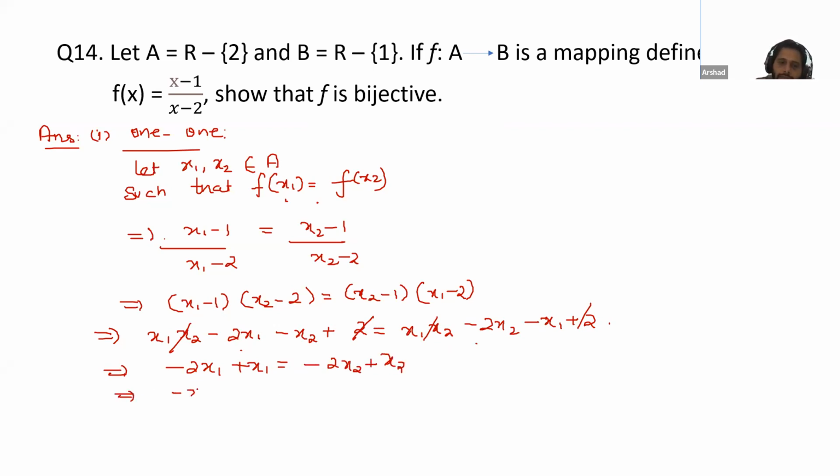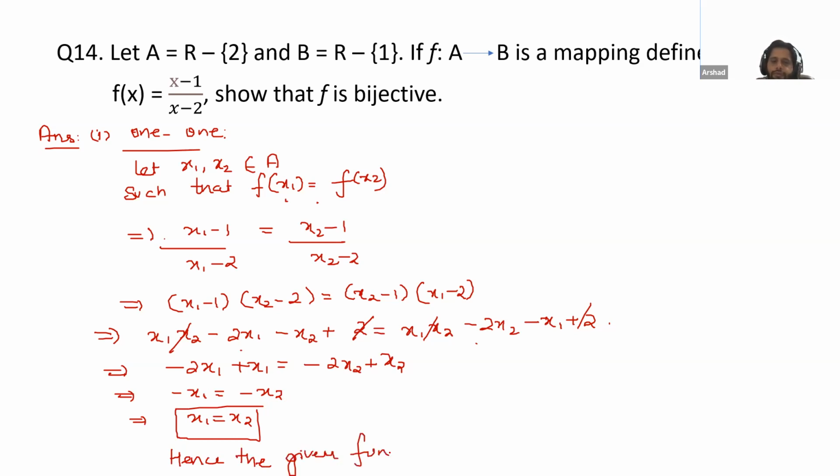Here you will get a minus x1 and here a minus x2. Cancel out the negative sign, you will get x1 is equal to x2. I hope this is clear to everyone. So we will say hence the given function is one-one.